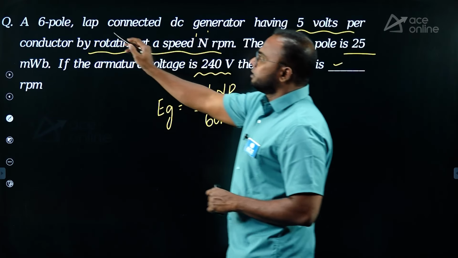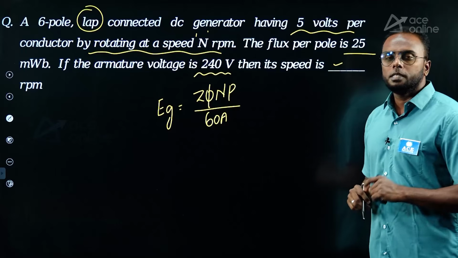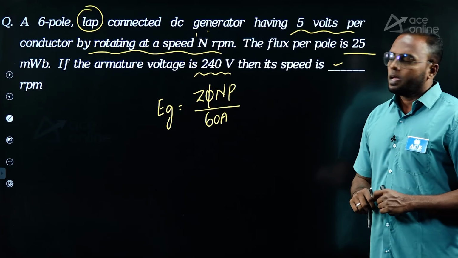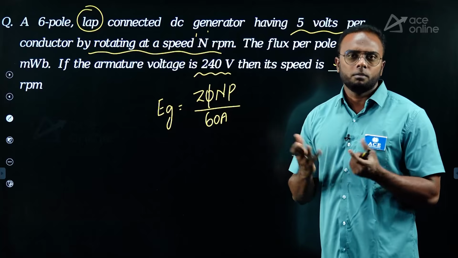As it is lap connected, how many parallel paths will be there? Equal to the number of poles, that is 6. So 6 parallel paths will be there. The 240 volts is the voltage of one parallel path; all parallel paths have the same voltage.